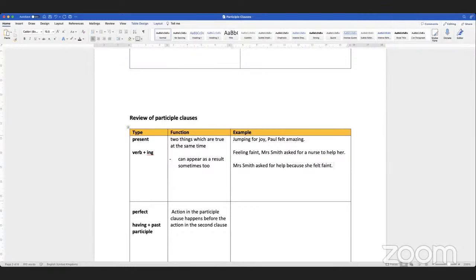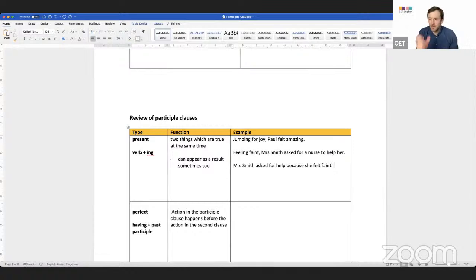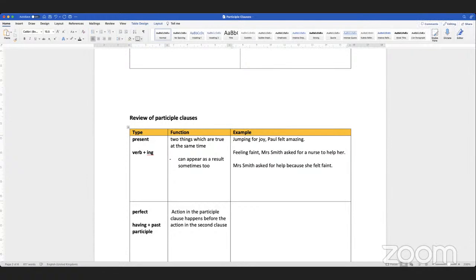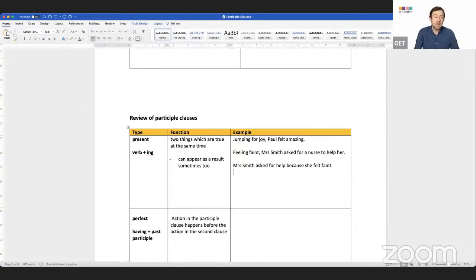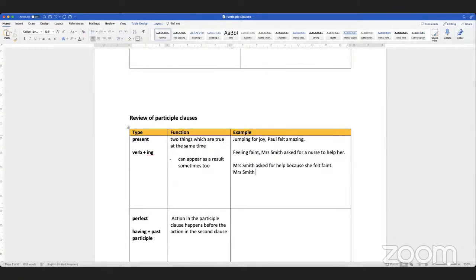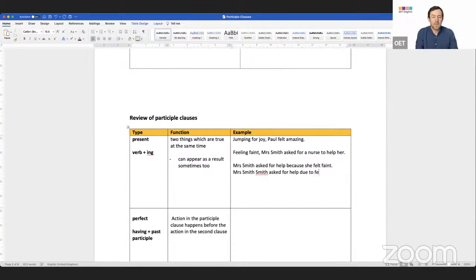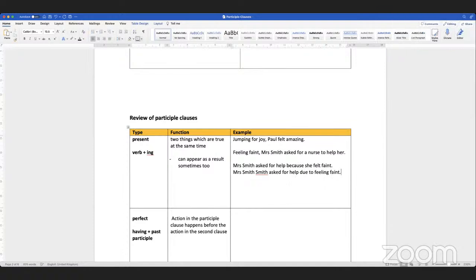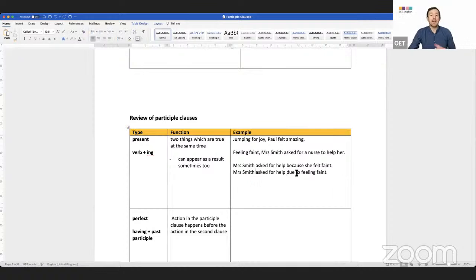Remember, guys, you've got to respect the grammar of your linker. Because is always followed with a verb clause, so it's got to be because she felt faint. If it was due to, due to feeling faint. Now that makes sense, doesn't it? We don't need Mrs. Smith twice, do we?